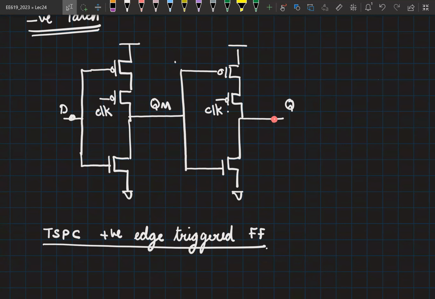There is nothing complicated here. You know how to do negative latch, positive latch. Put both of them together and you'll get it. But just to get the hang of the circuit, please draw it.